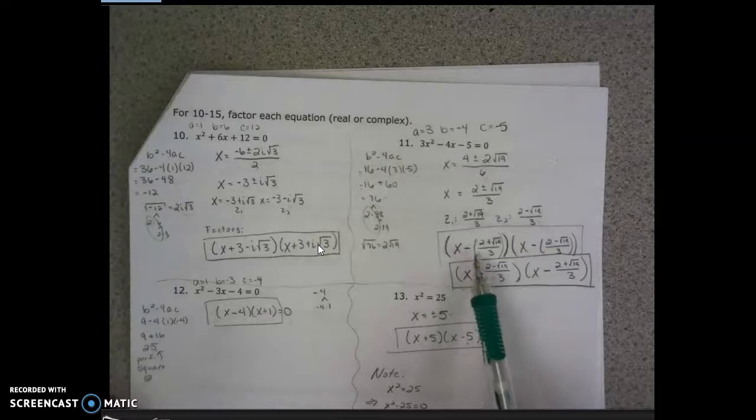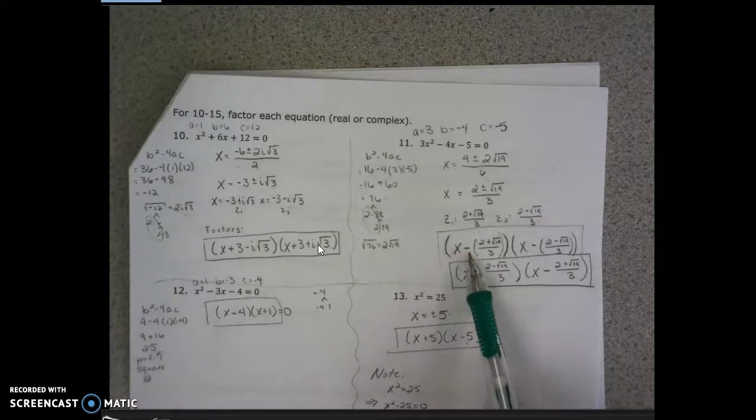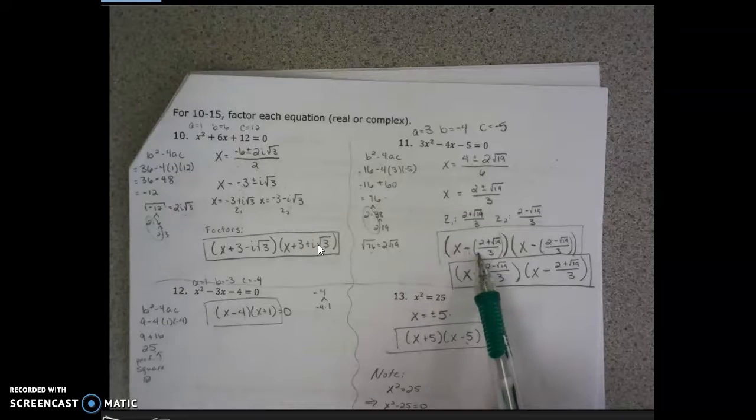When you write your factors, x minus z1, x minus z2, you have to be really careful distributing the negative on a fraction. You're only supposed to distribute it to the numerator, not the denominator. You don't want to send it through both, just one, and we usually do the numerator.